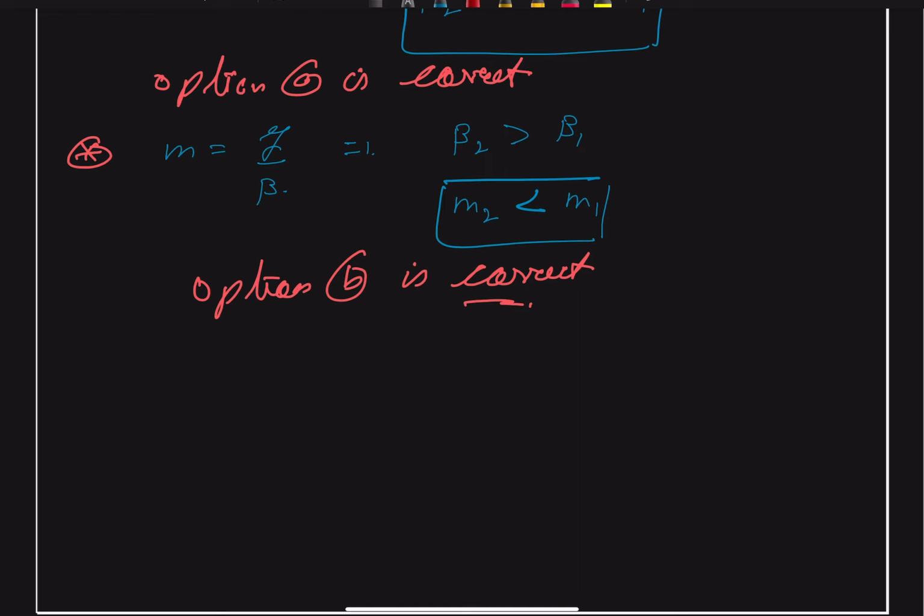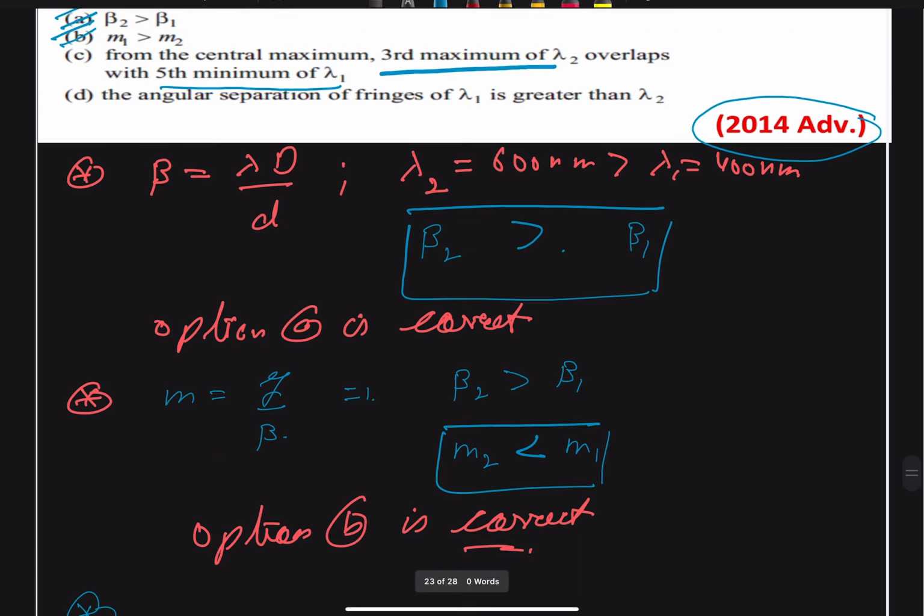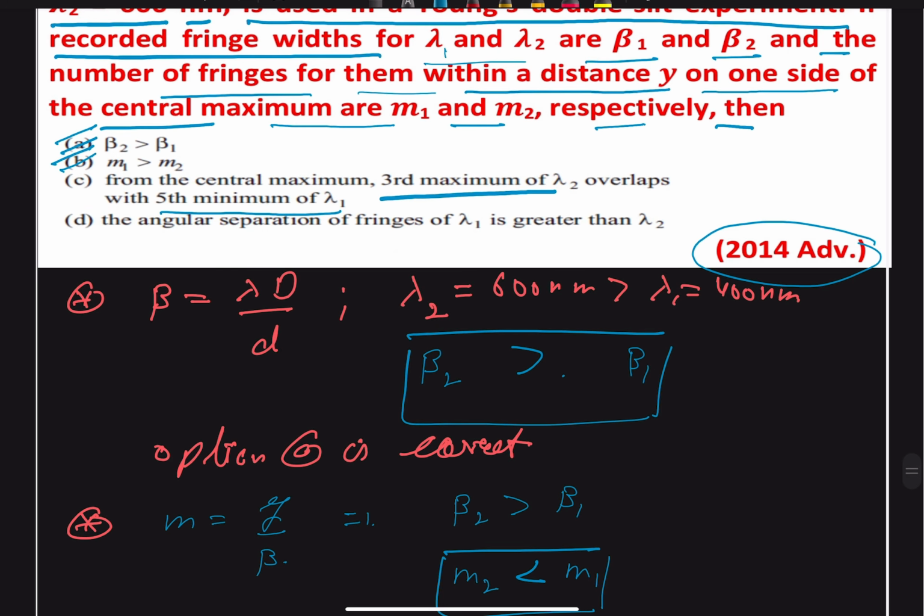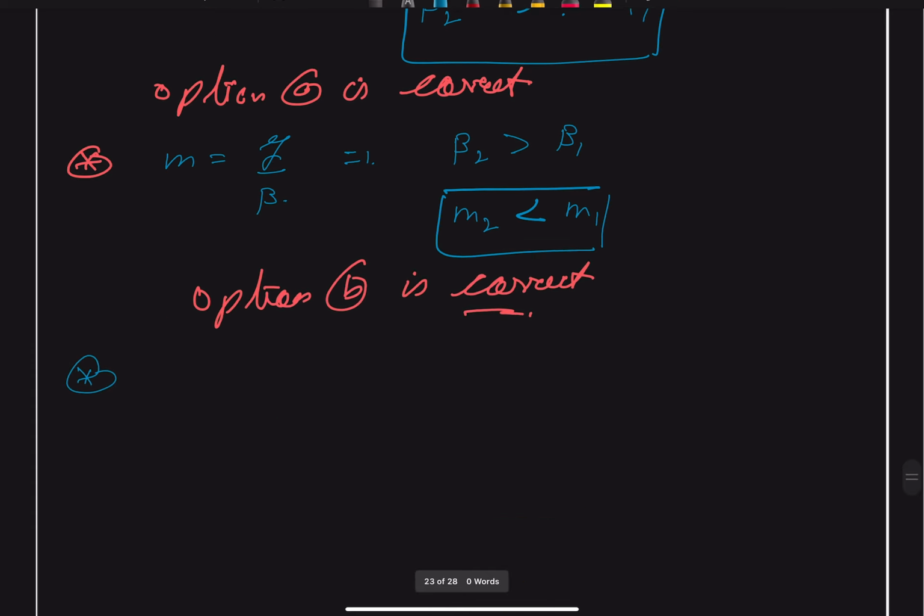Now we are going to find out the fringe width position, and it said that they are going to overlap. In the question it is specifically mentioned that the third maxima of lambda 2 overlaps with the fifth minima of lambda 1. So this becomes quite easy from the option itself.